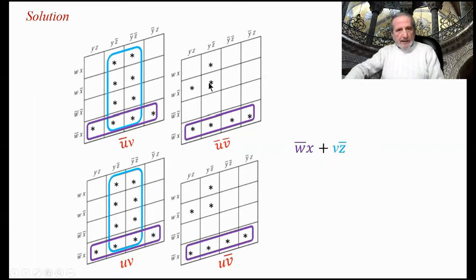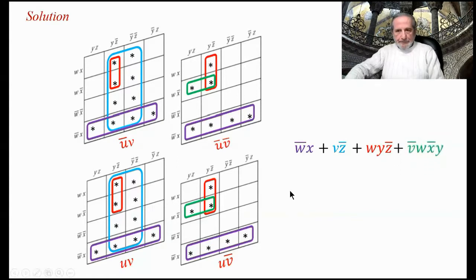Okay, I'm left with, I notice that these two here, here, here, here, I can take them together, U, V, U bar, V bar cancel. If I look at one of the tables only, I get here W, Y, Z bar. I'm left with this one here, so I can take these two together. Here, U cancels U bar, you get a V bar, W, X bar, Y. And that is the answer.